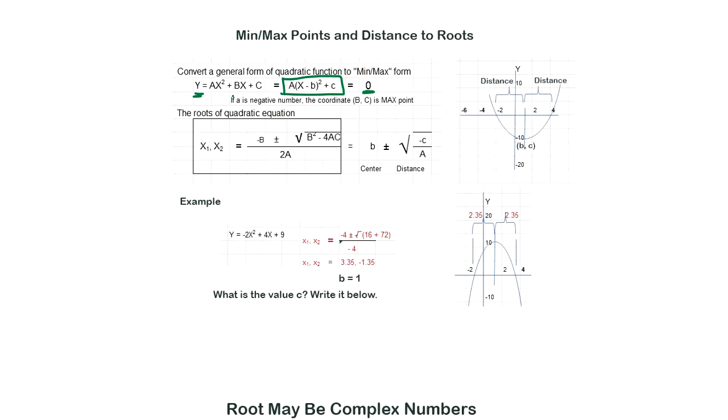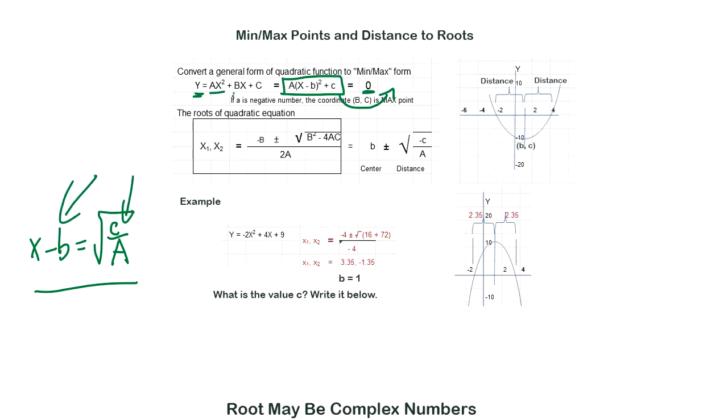You move the c to this side and divide by a, so c divided by a, and the square root is going to be x minus b. And you plug in b and c, because b and c can be calculated from a, b, c. Then you get this.